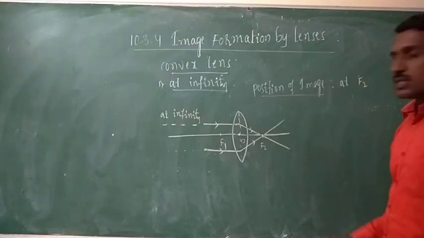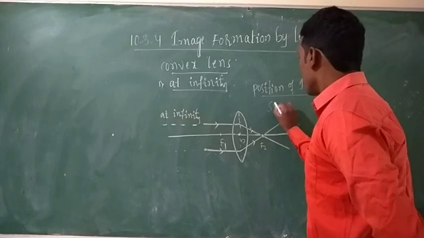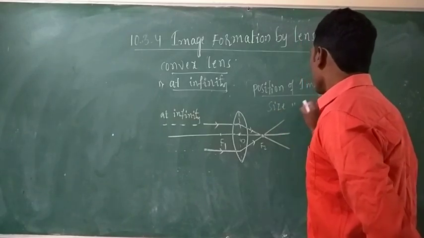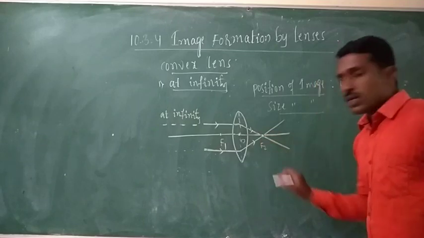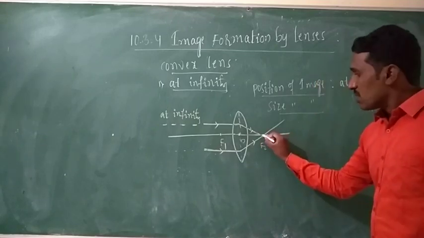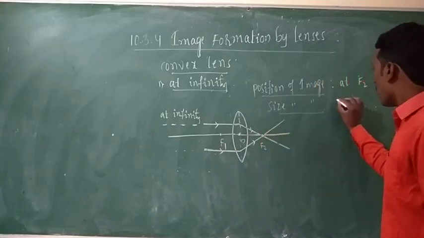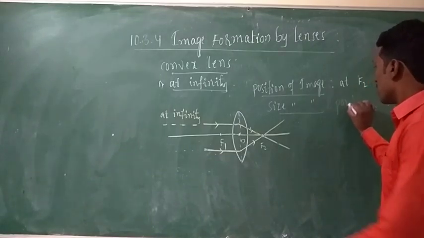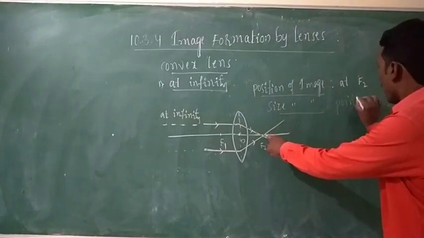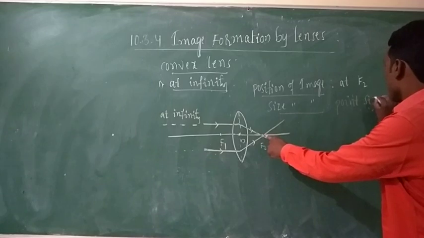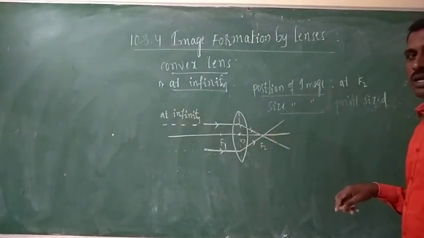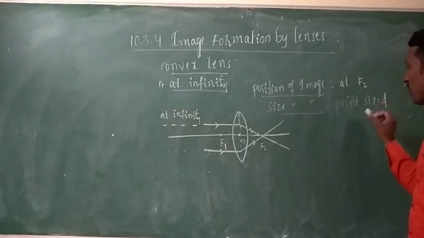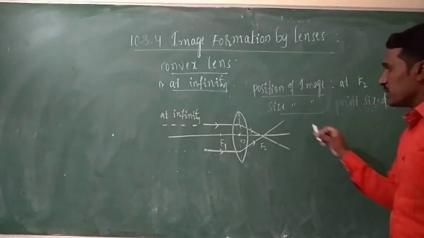Size of the image: the size of the image is highly diminished or point size. The image is looking like point size. We can even call it a diminished image also.